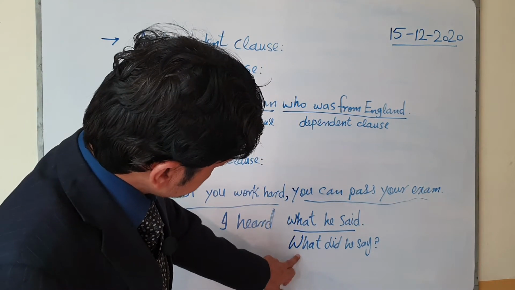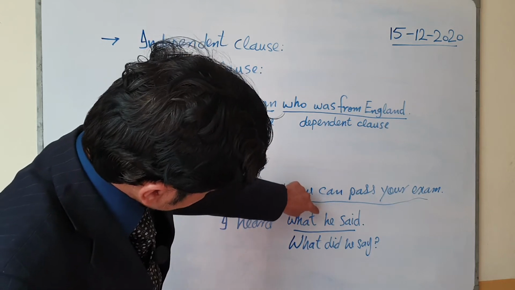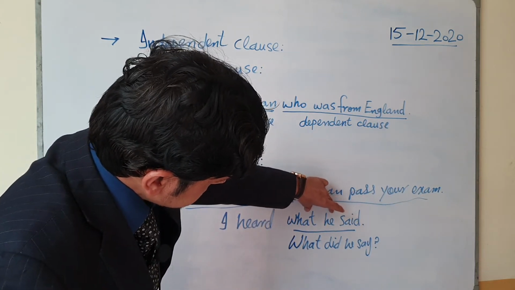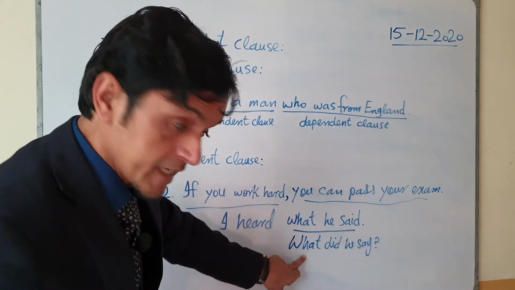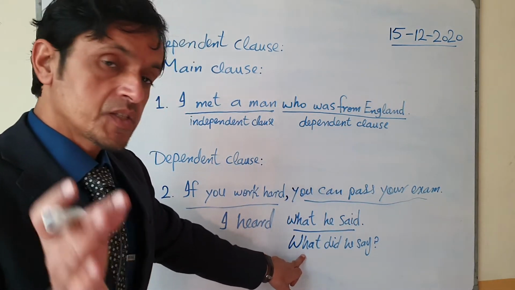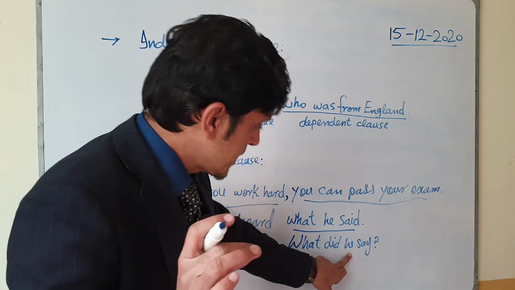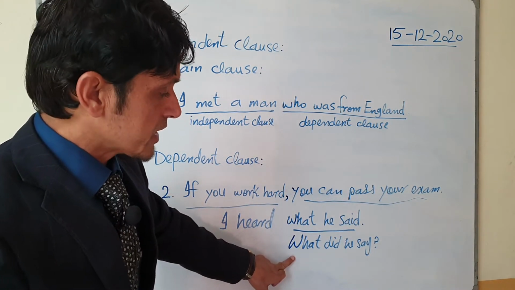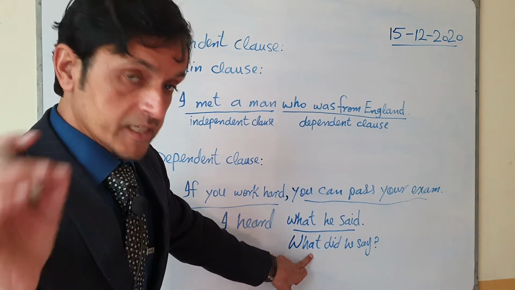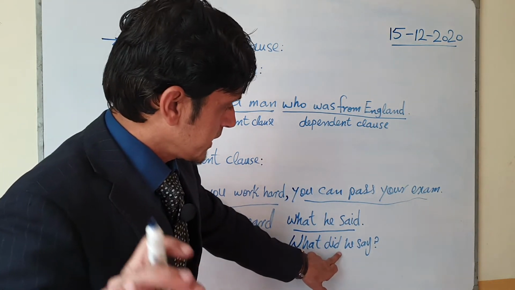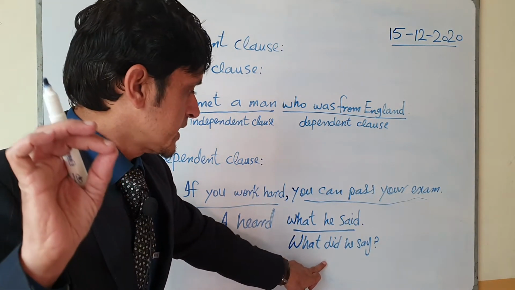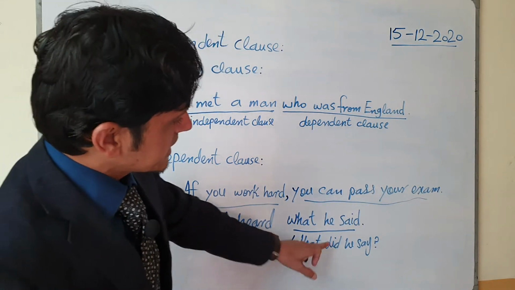Compare this one with what he said: what he said is a dependent clause, and what did he say is an independent clause and a complete sentence, because it does not need another main clause. It is itself an independent clause, and it is the interrogative of the simple past.